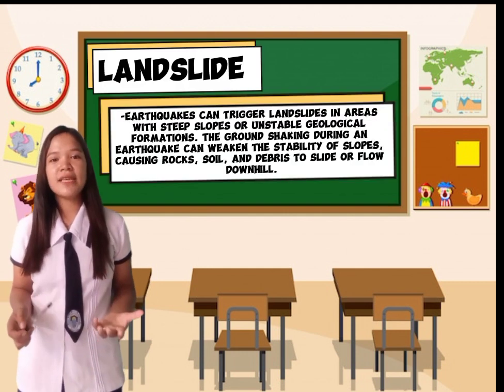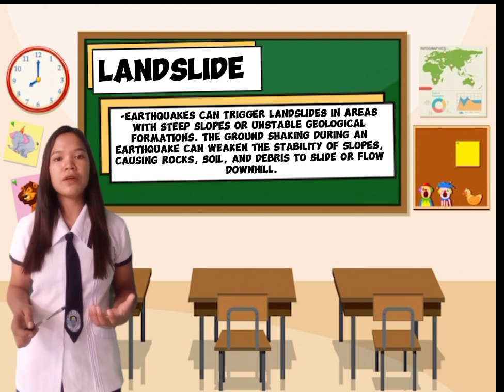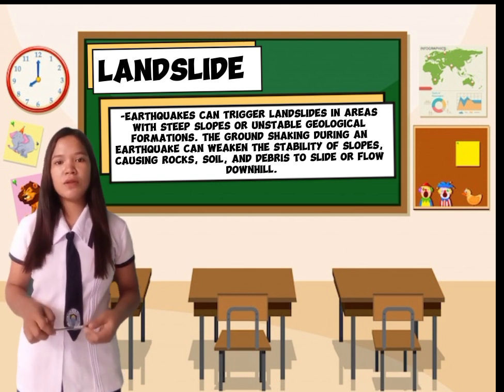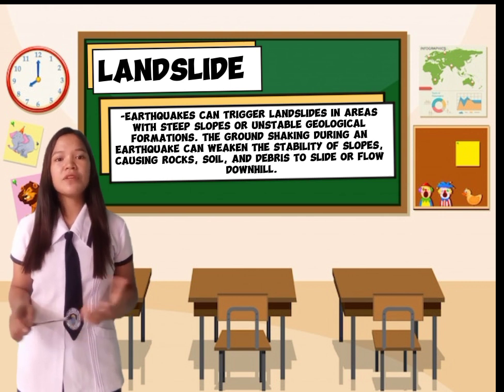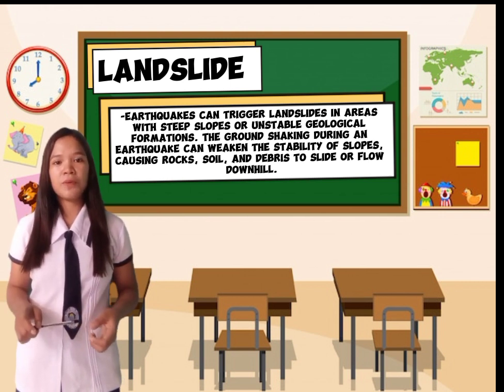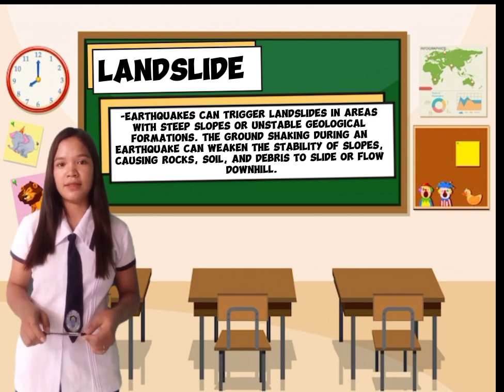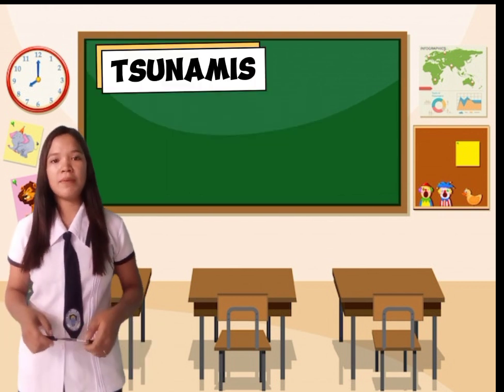Okay, an earthquake can trigger landslides in areas with steep slopes or unstable geological formations. The ground shaking during an earthquake can weaken the stability of slopes, causing rocks, soil, and debris to slide or flow downhill. The last one is the tsunamis.